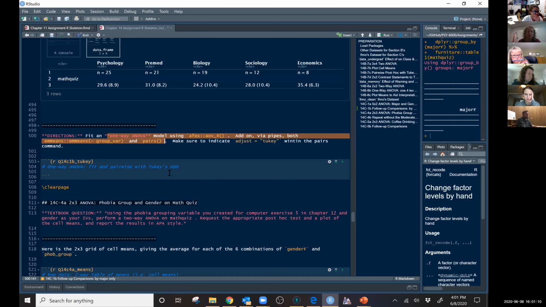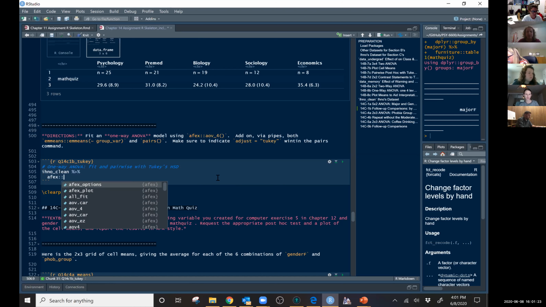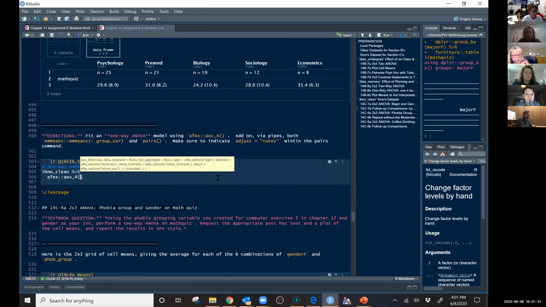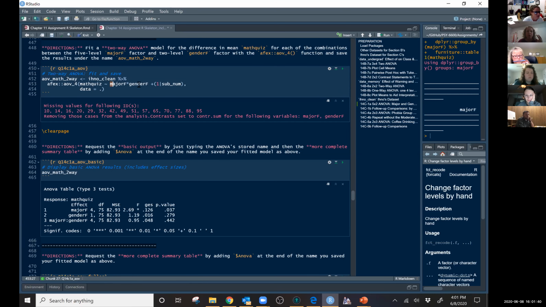Yeah, let's do it this way. So let's start with our data set, clean. And we're going to do a one-way ANOVA, afex package, aov_4, and math quiz. Now, before when we did the two-way ANOVA, in our formula we put both variables.